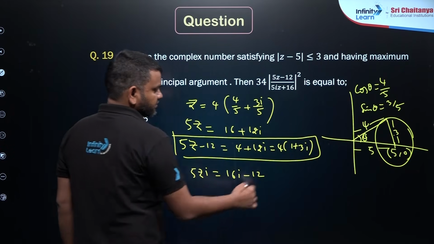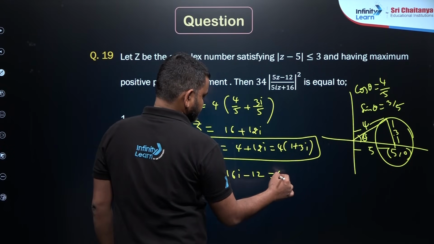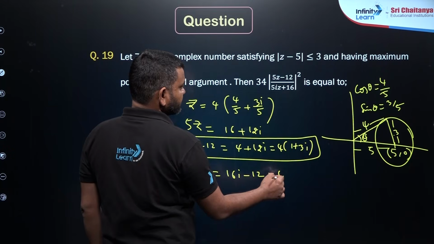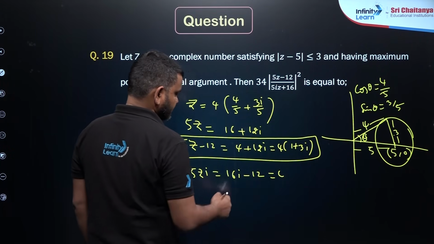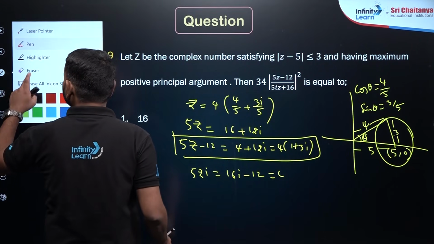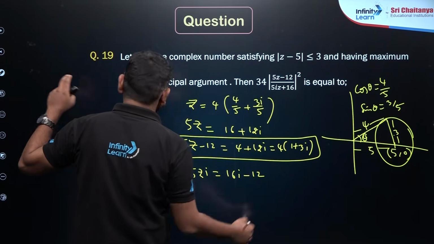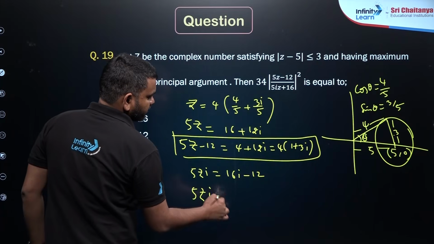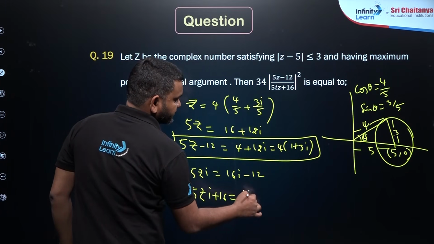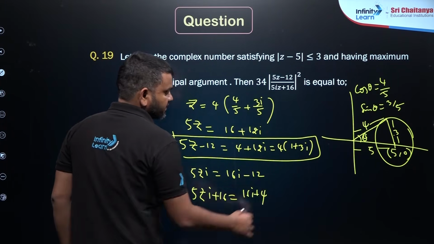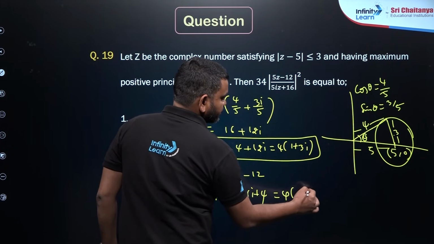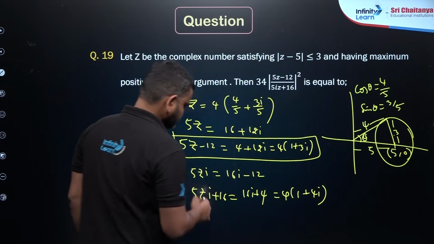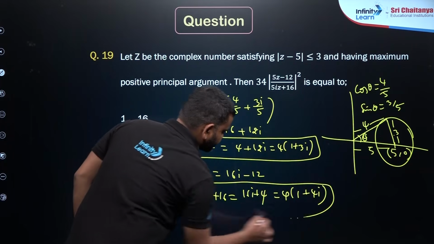So one second, they are asking plus 16 also. So instead of writing in terms of that, first I will try to add 16 to this. So 5zi plus 16 is going to be 16i plus 4. So taking 4 common, this is going to be 1 plus 4i. This is what I have here.